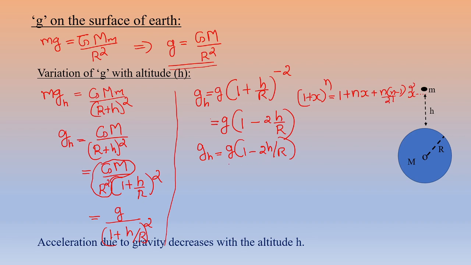So when we move up, the value of g is less than that value on the surface of the earth. Now we are going to find how the value of g varies with the depth. That is, when we move down below the surface of the earth, what happens to the value?